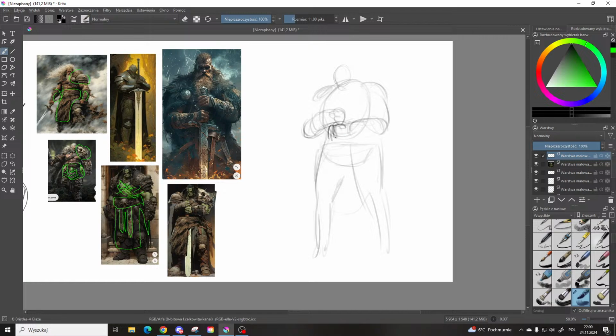Maybe if I make him hold this giant axe, he would just rest his hands on top of it like that instead.